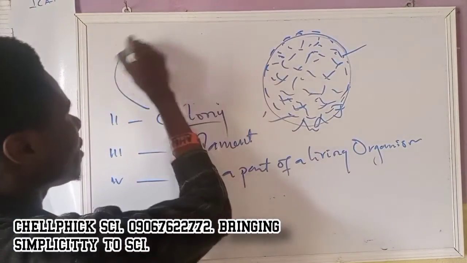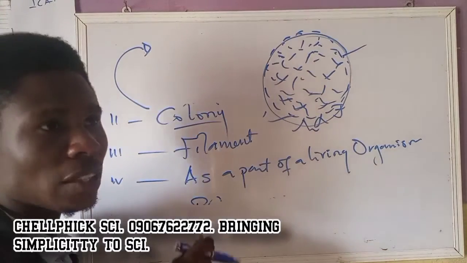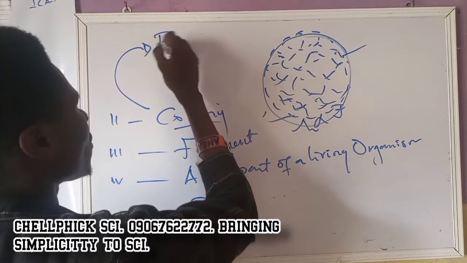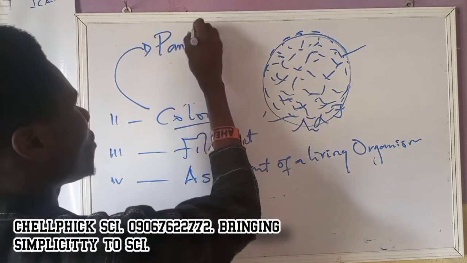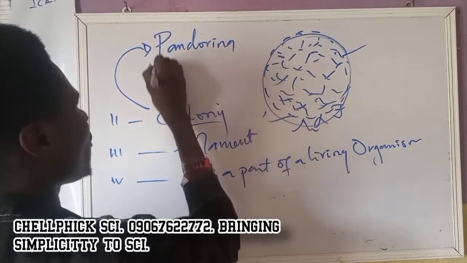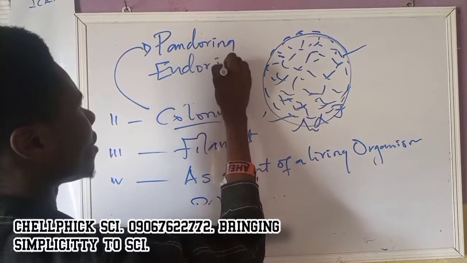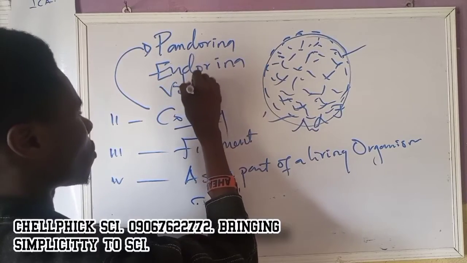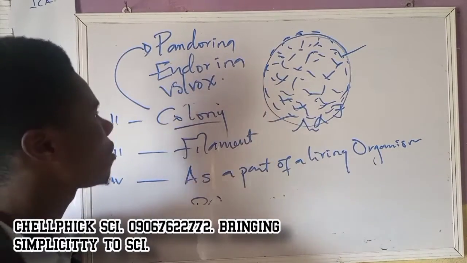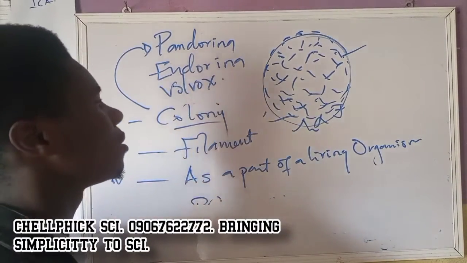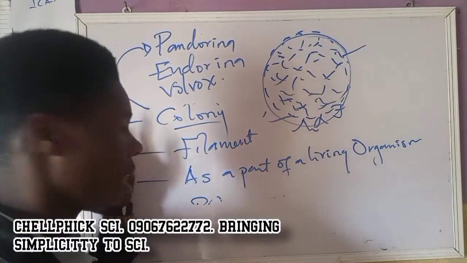Examples of organisms that fall under the colony category are Pandorina, Eudorina, and Volvox.